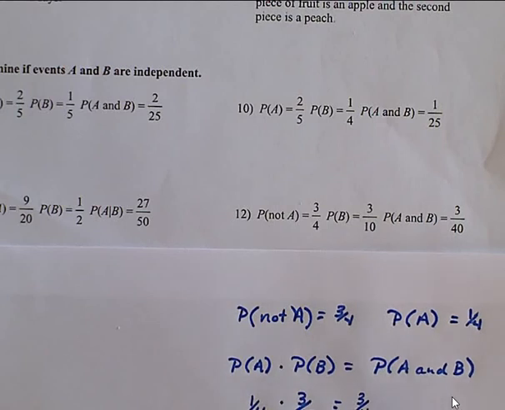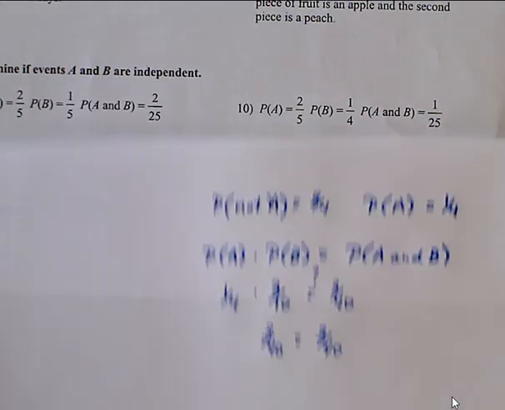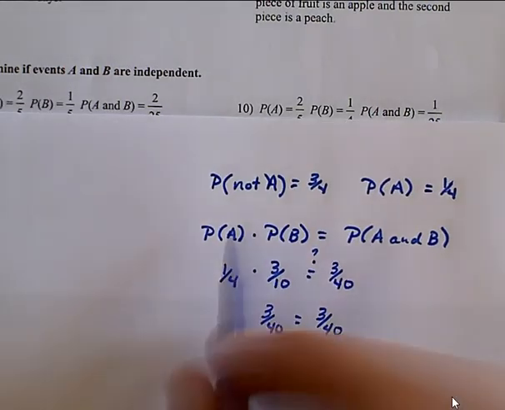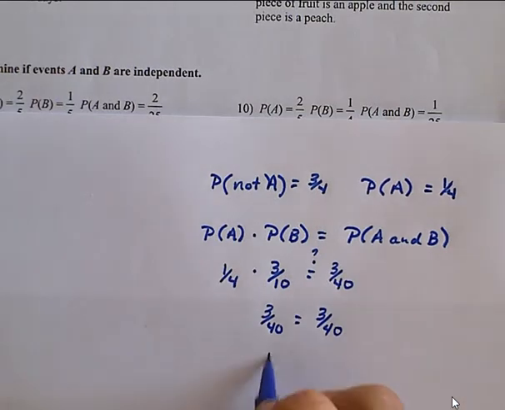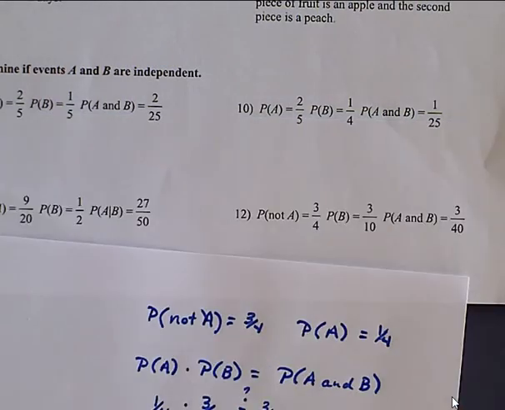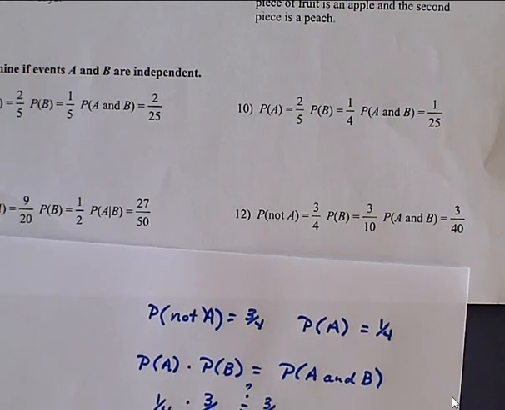And I want to know, when I filled in, are those two sides equal? Yes, they are. So when you finish that problem out, it looks like that. Since the two sides are equal, then we can say that the two events are independent. So 9 through 12 looks like that. That's what they're asking you to do.